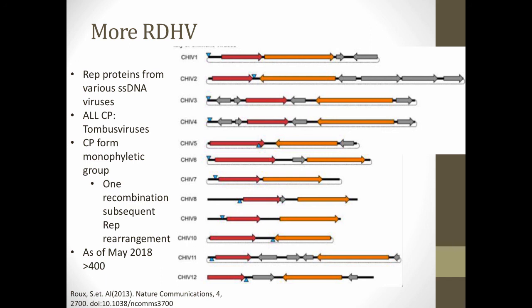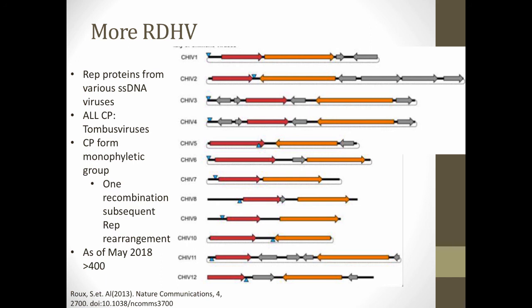So the capsid protein forms a monophyletic group. The rep proteins, though, come from various single-stranded DNA viruses. So the Circoviruses, Geminiviruses, nanoviruses, which are also plant-infecting viruses. You'll find rep proteins from many different single-stranded DNA sources in these genomes.